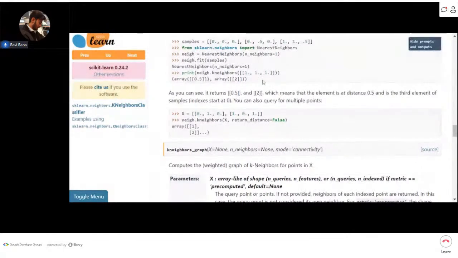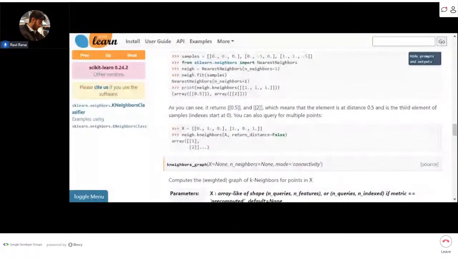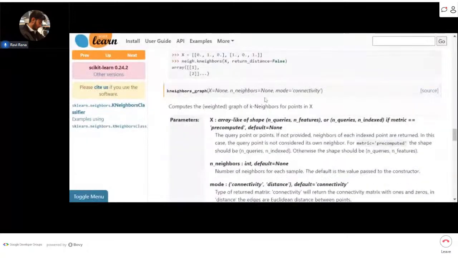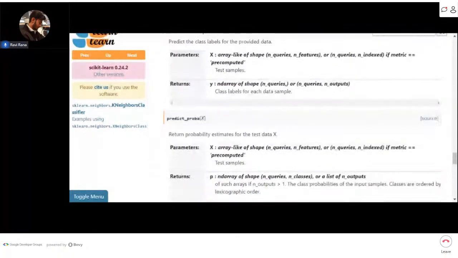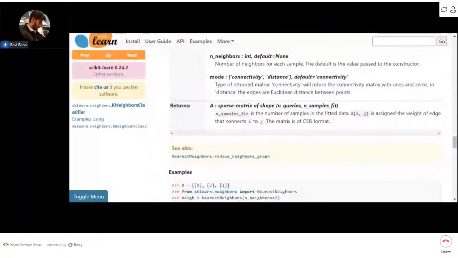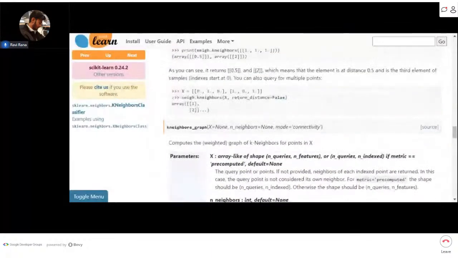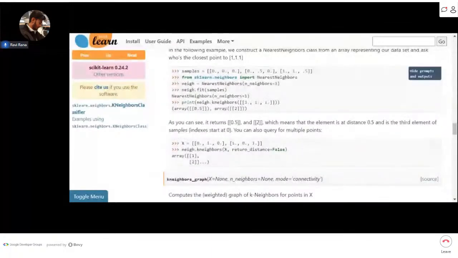It belongs to this class, because the array 2 gives us 0, 1, 2, so it belongs to the third class. You can also make a graph for it. So this is how you use k neighbors for your prediction, regression and classification.